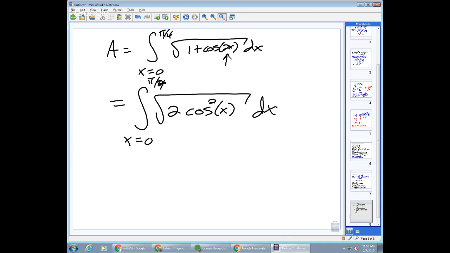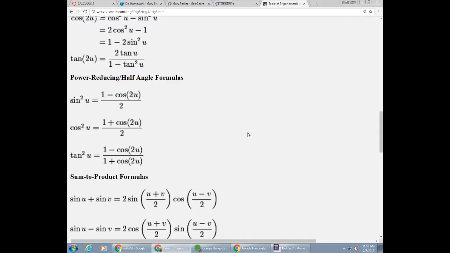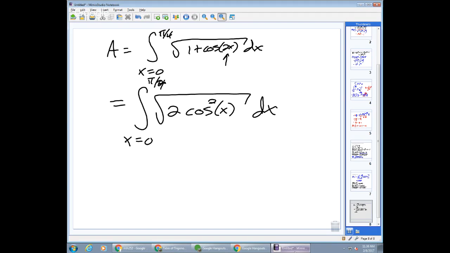Yeah, so check back on the formula. Formula says the cosine squared is equal to 1 plus the cosine of 2u over 2. Now, I didn't have the over 2, so I'm multiplying that 2 up to the other side. Yeah, so 1 plus the cosine of 2u is twice the cosine squared of u, which I think is what I wrote here. So where's my highlighter?